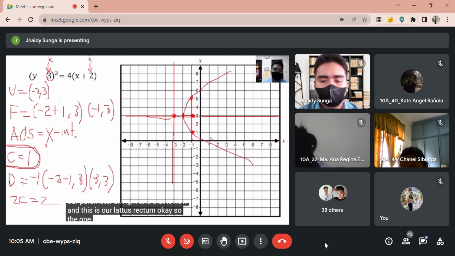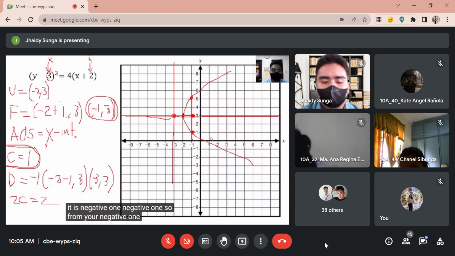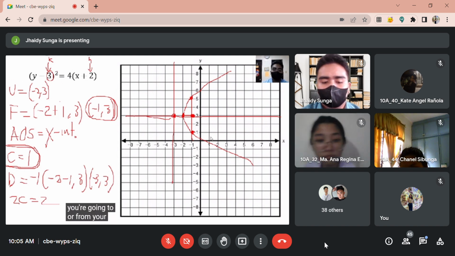The one that I was writing a while ago is the coordinates of the latus rectum. How are we going to find the coordinates of the latus rectum? Based on your focus. What's your focus? It is negative 1, then positive 3.